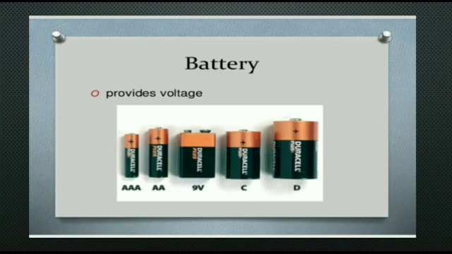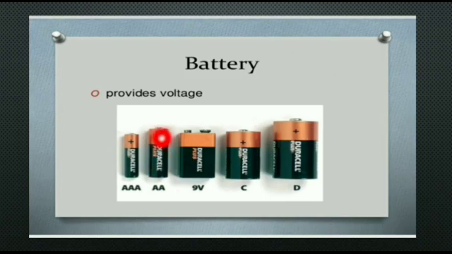The next and last component is the battery. These are the different shapes of battery. This is the 9 volt battery, and after that there are different types of battery. This is an ordinary battery cell, a small one, for remote cells, and this battery is used in wall clocks.